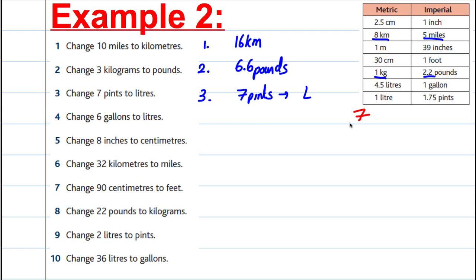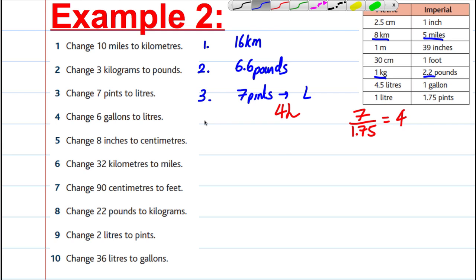If I do 7 pints divided by 1.75, I get 4. Okay, and that tells me that there are 4 lots of 1.75 in 7 pints. So therefore, if each of the 1.75 pints is a litre, this thing must be equal to 4 litres.